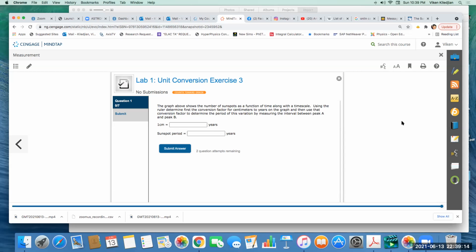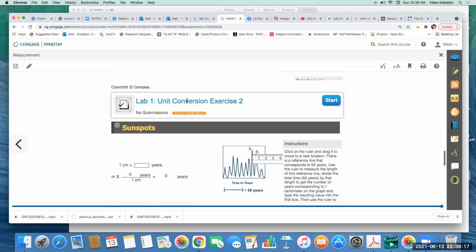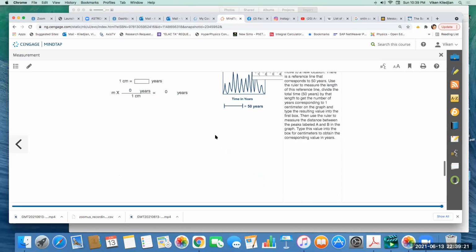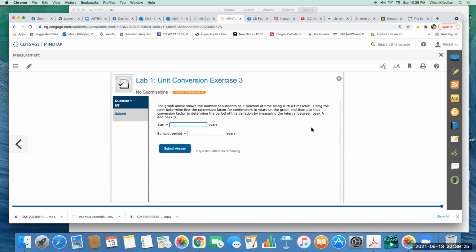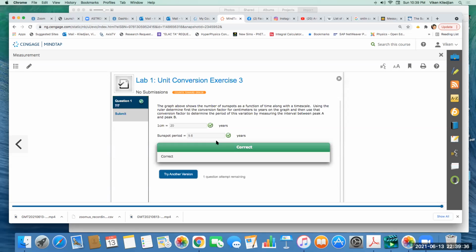It's essentially just building up on that unit conversion exercise 2, and then you're doing this exercise. So 1 centimeter was 20 years, we said. And then the sunspot period was 9.6 years. Submit answer. Okay, so it accepted it.